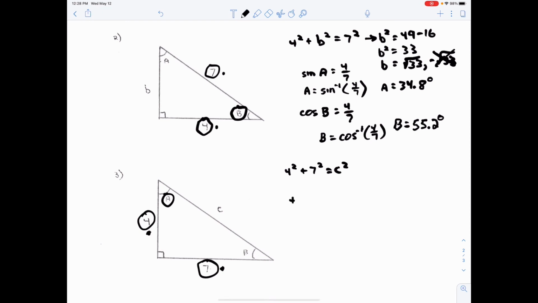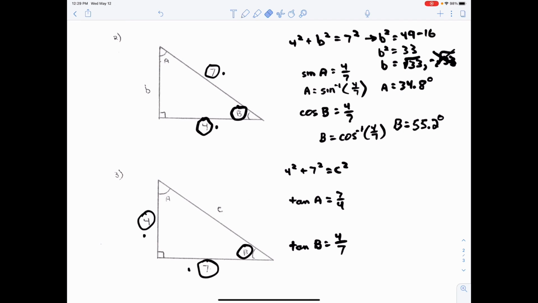So we have tangent of A equals 7/4. So that'll give us A. Now to find B, it's still tangent, but the opposite is 4 and the adjacent is 7.